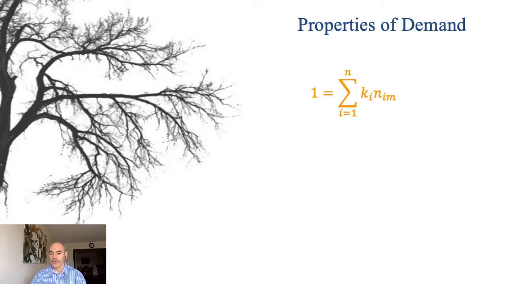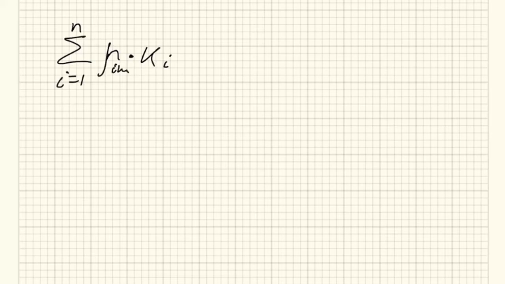All right, so let me go to the drawing board in here, and what we have is, again, the sum of income elasticities weighted by the budget share must be equal to 1.